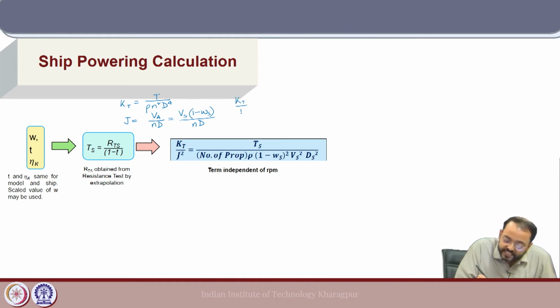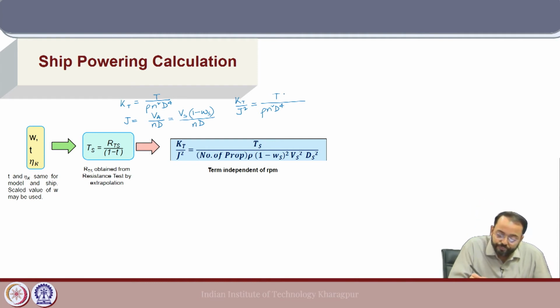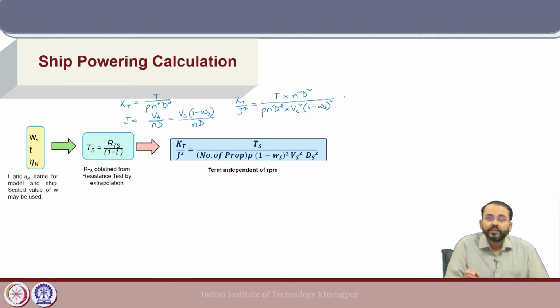So, Kt by J square will be T by rho n square D^4, into n square D square into Vs square (1 minus wake fraction) square, right.